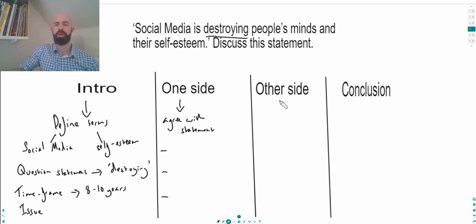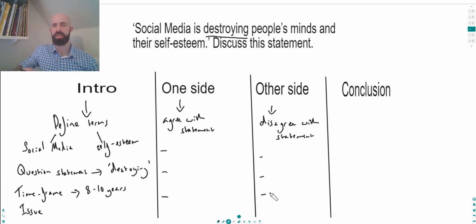Okay, so again, hopefully you do have some arguments that would disagree with this statement and would actually put forward the view that social media is a positive thing, it has its benefits, and there's all sorts of ideas you could put forward.